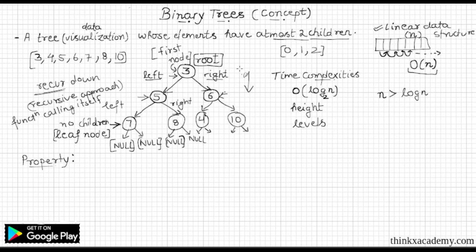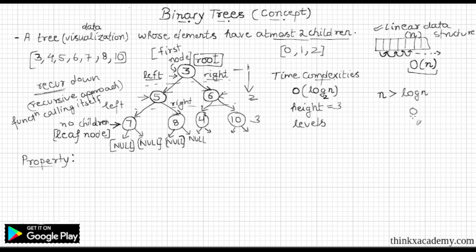The height of this tree which I have drawn here is 3, because the height is measured like this. This is the first node, and then this one is the second level. So this is 1, this is 2, and this is 3. So the height of this tree is 3.